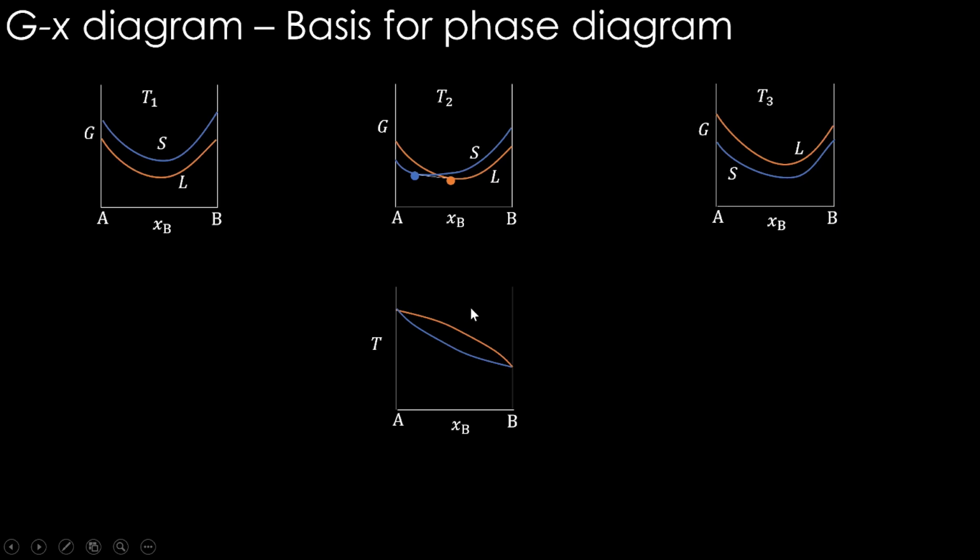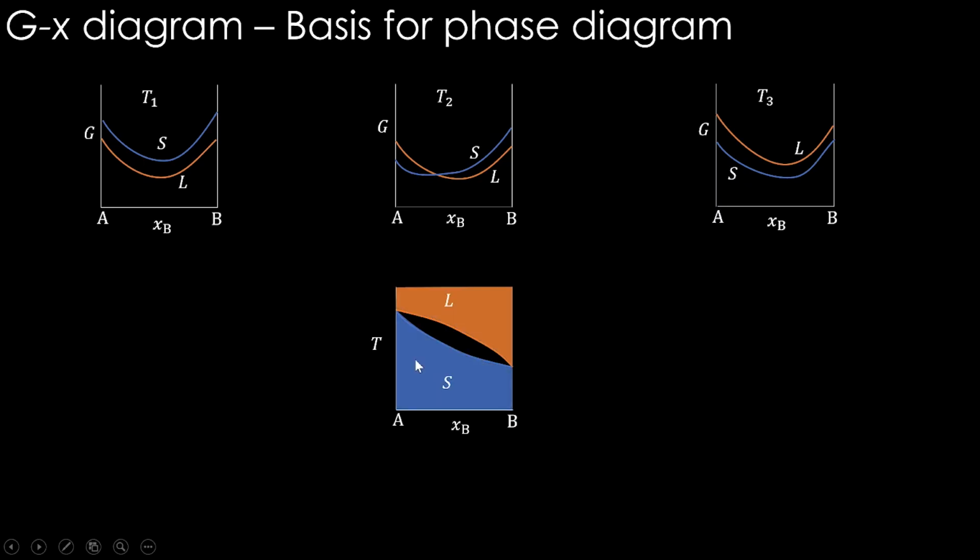In this case, the region here at the top is all liquid, stable from left to right. Beyond this orange line on the right side, it will be single phase, and below this blue line, it will be all solid. So now this entire region is a single-phase liquid region. This region is the single-phase solid region, and this dark region is the liquid plus solid region. So we get a nice isomorphous diagram coming from G versus X plots.